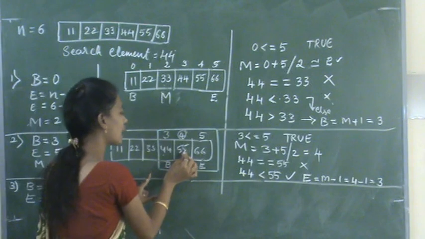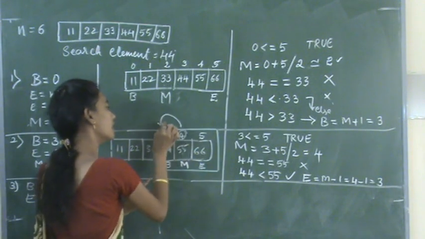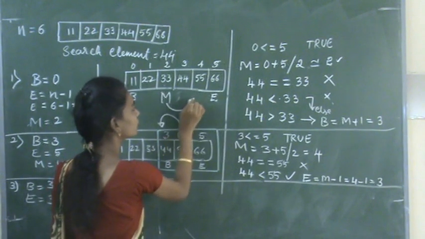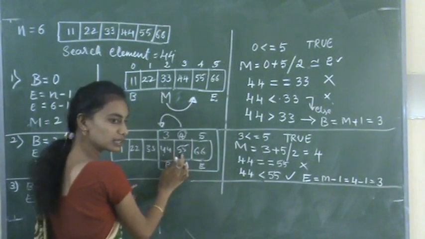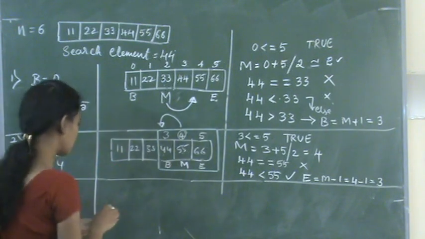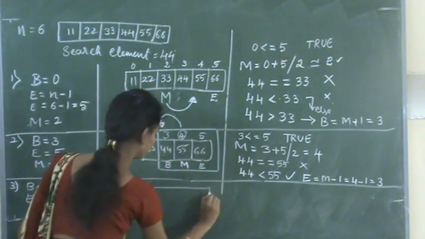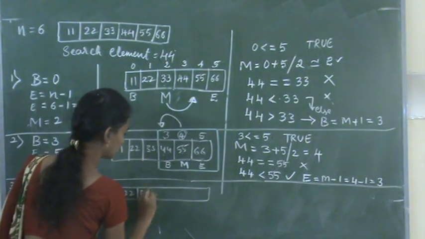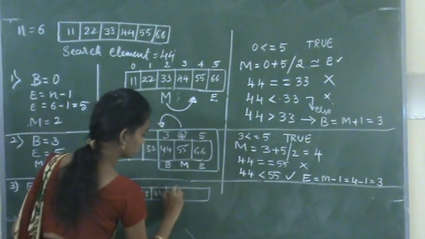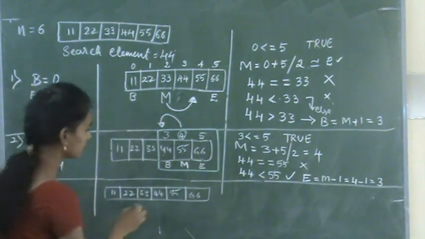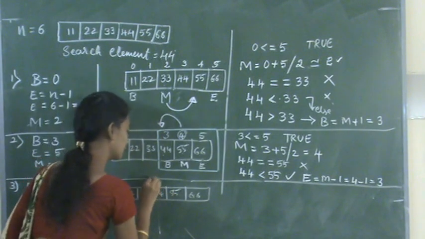In this we are taking the left portion, in this mid array we are going for the right portion, and in this we are taking the left portion of the array. So now the array becomes, in this array, we are considering only this part.